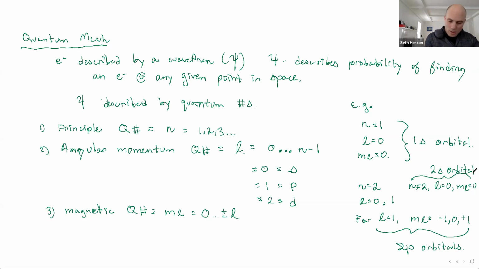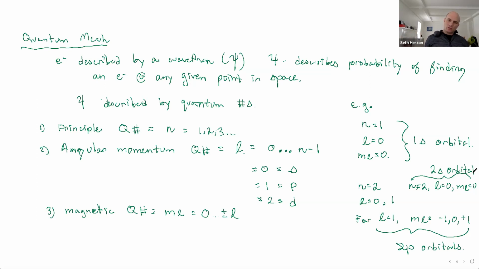Essentially, we're showing you in the simplest possible terms where atomic orbitals come from.